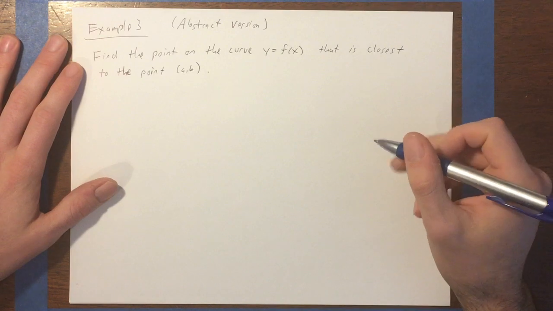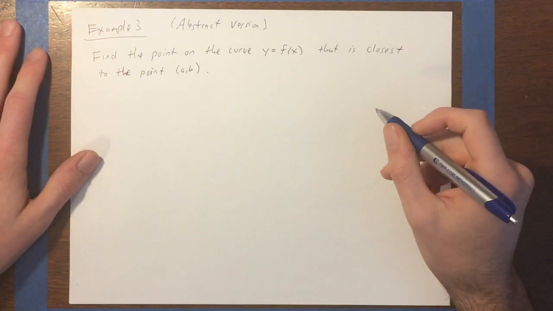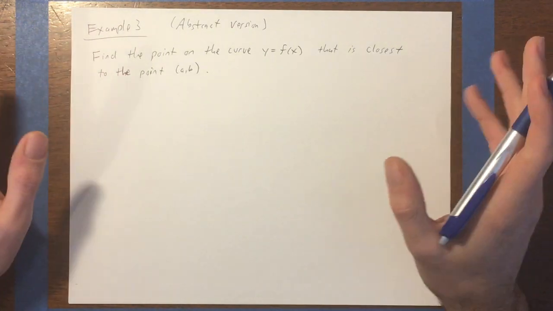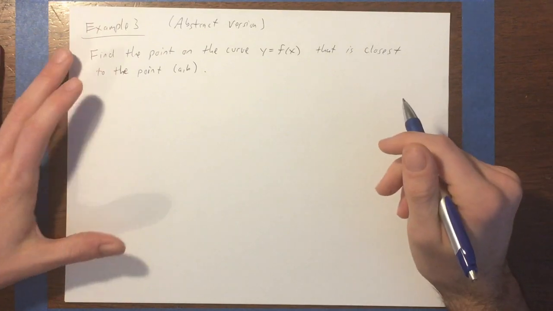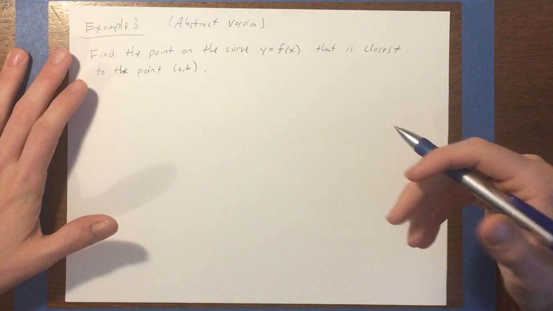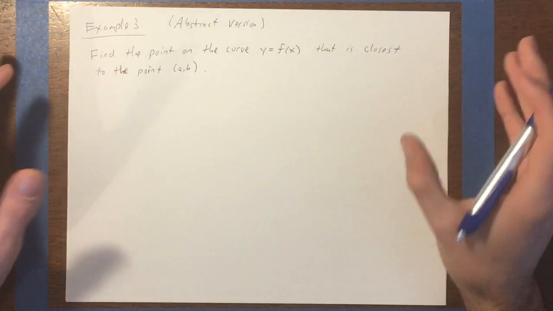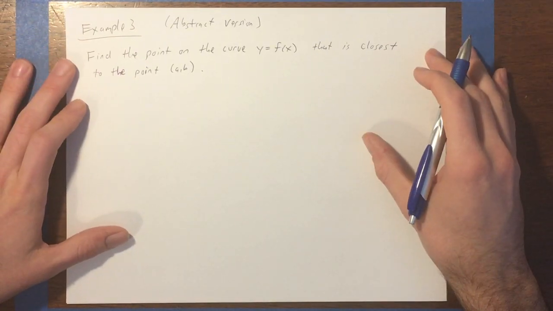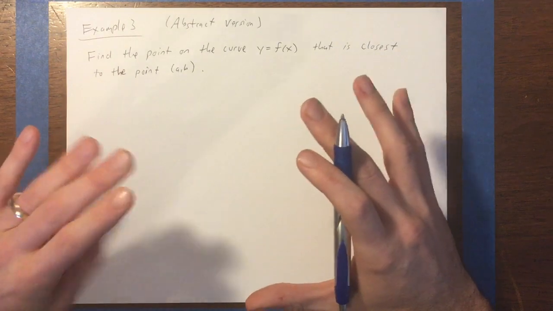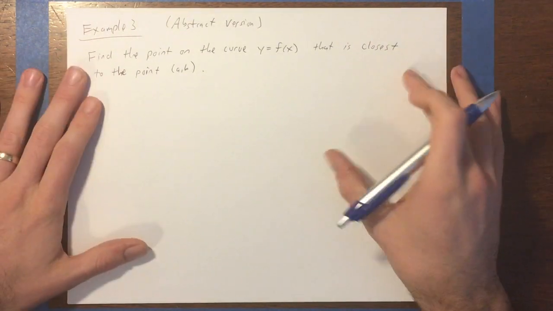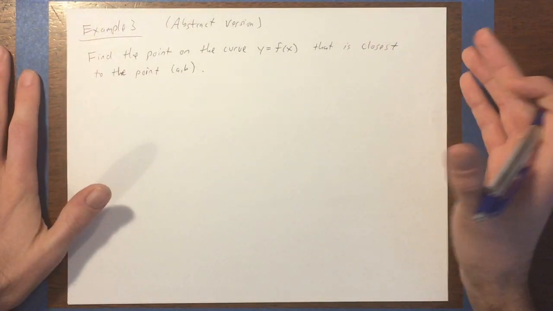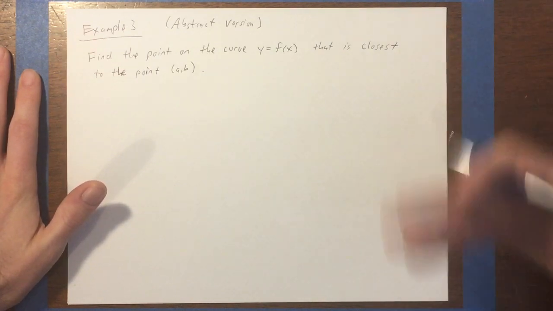I'm not going to go through an example with any specifics. What I want to do instead is talk about the abstract approach to how you would solve this problem. I'm going to walk through the steps you should take to solve this in generality, and then leave it to you to put in the details and finish it up.